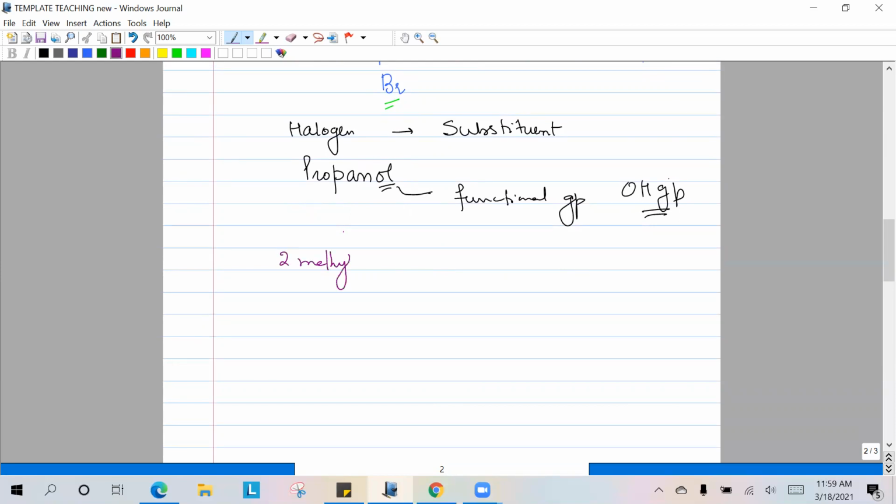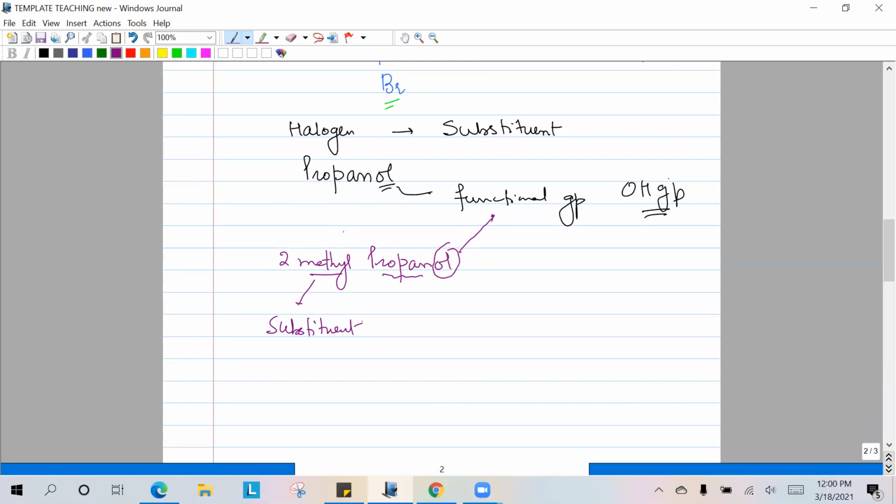But if I write 2-methylpropanol, the name ends in the functional group, and what is written before the parent chain name, which means 3 carbon atoms, is called a substituent. Anything written before the parent chain is a substituent.